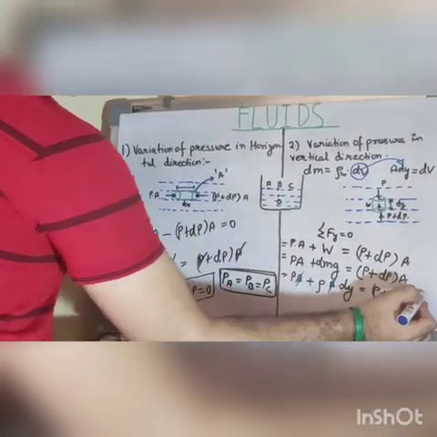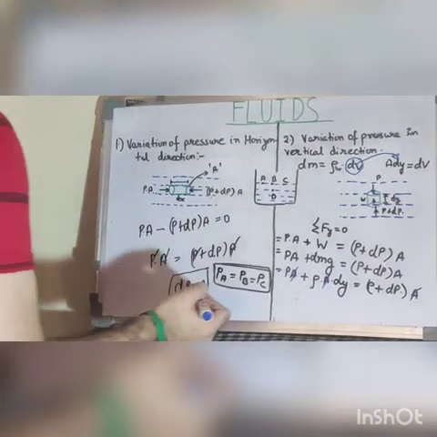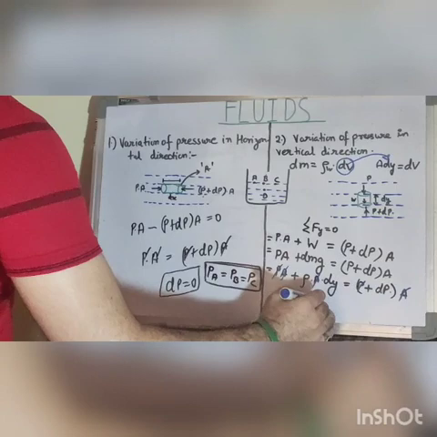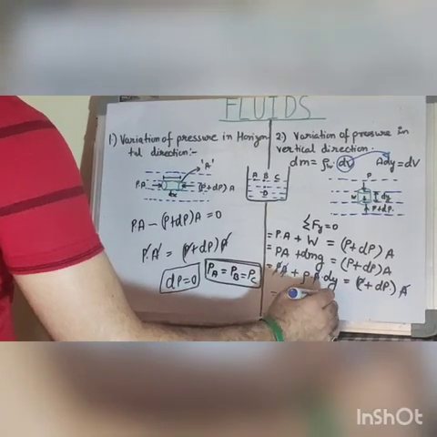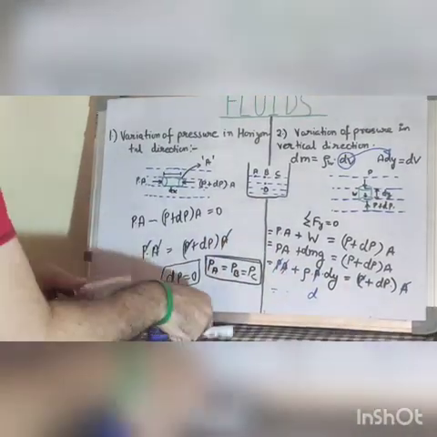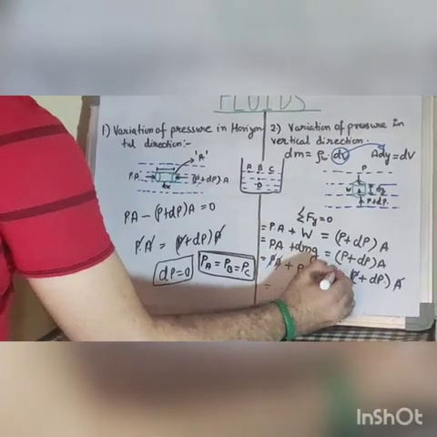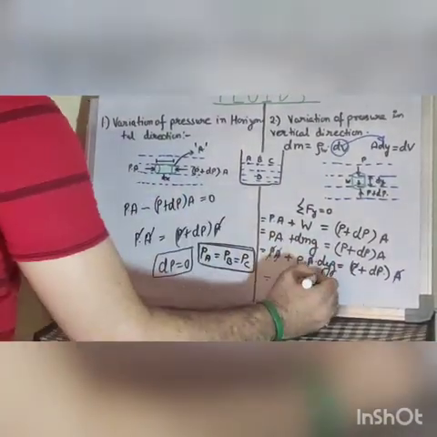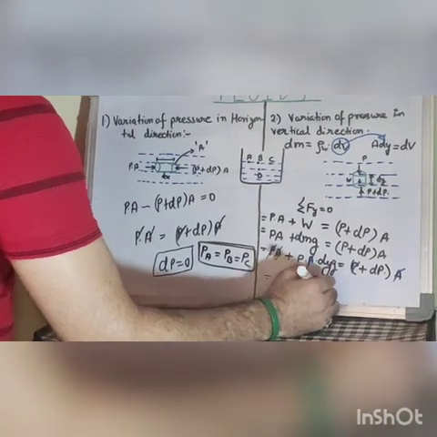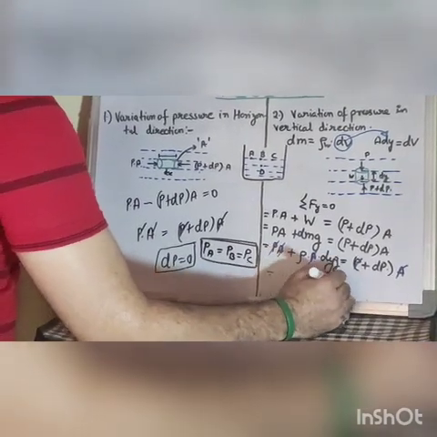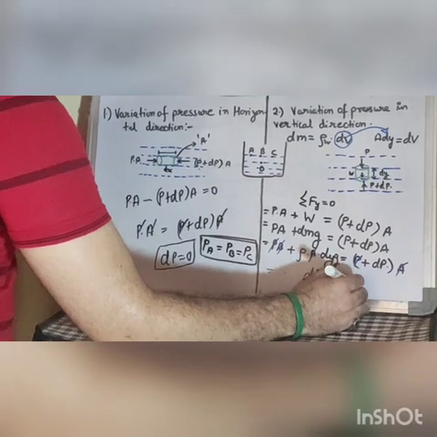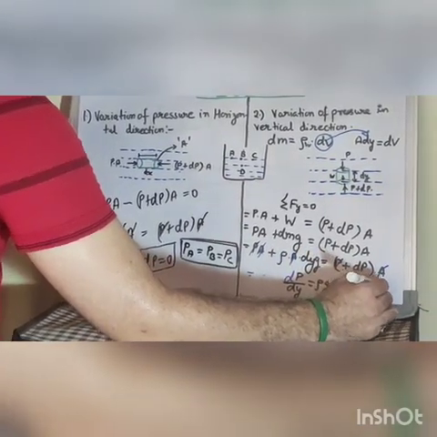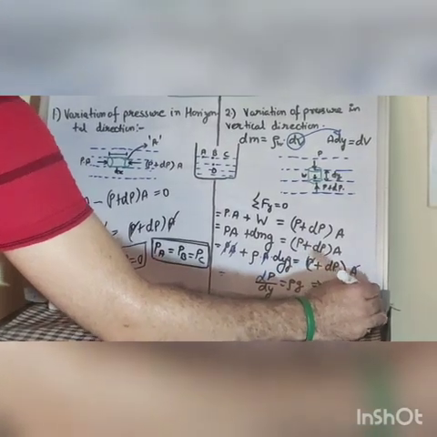A is cancelling out. So P is also cancelled out. So we get dP upon dy. Sorry, I have forgotten the g here. You have to also include g, which is from the above equation. So we will get dP upon dy, which is equal to rho g, or you can say that dP is equal to rho g dy.